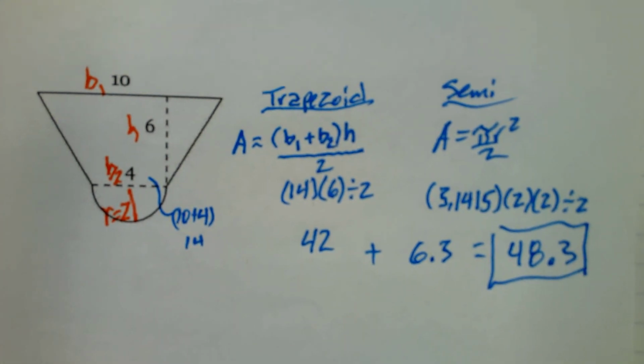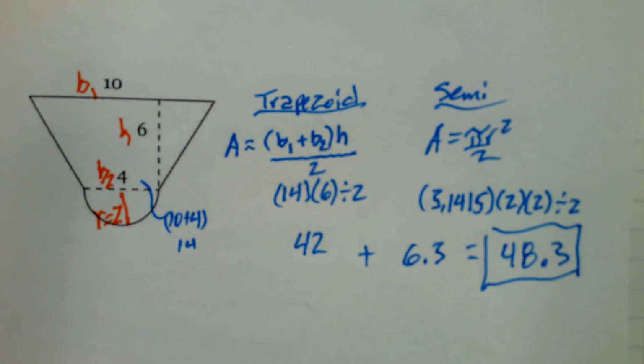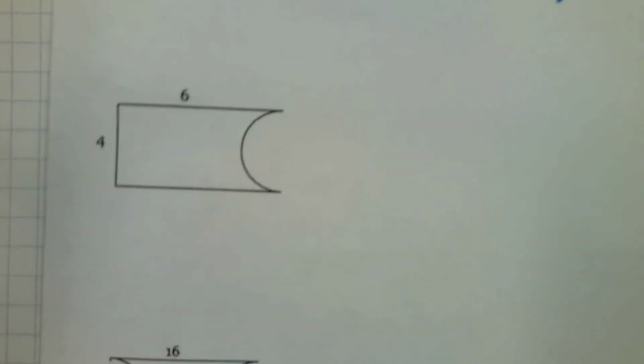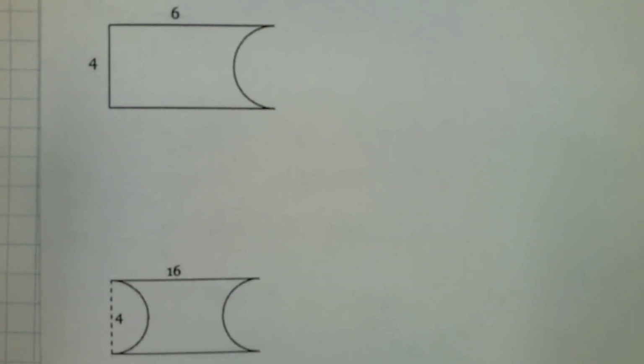I want you to take a look at the last two, guys. What's unique about these? There's a semicircle. Yeah, I see semicircles, but do you see how they're located? Yes, they're kind of indented. I feel like wouldn't you subtract instead of adding?